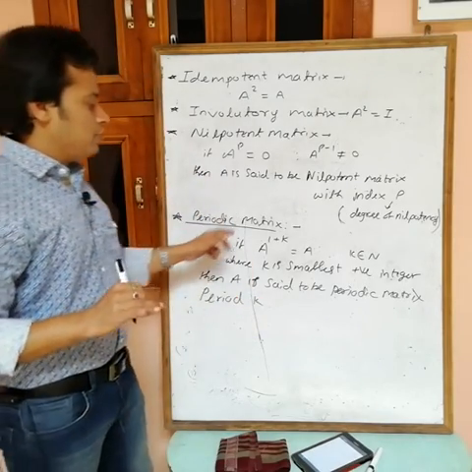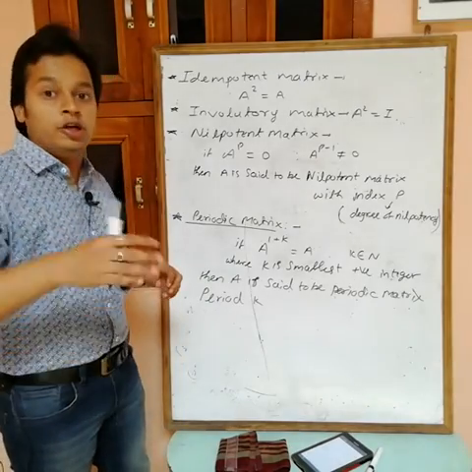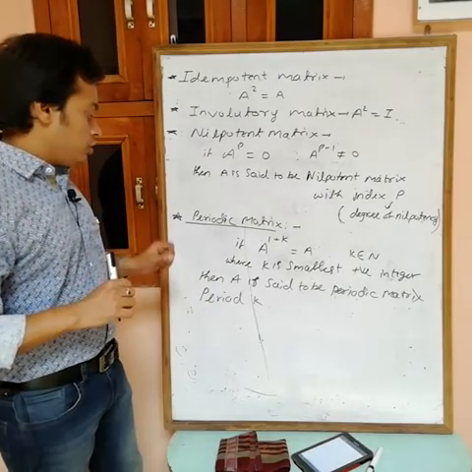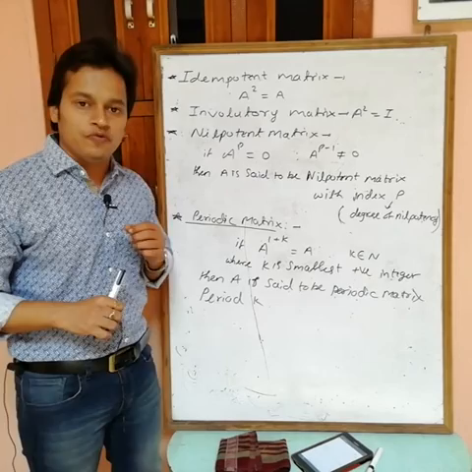If A power 1 plus k equals A, where k is the smallest possible positive integer, then A is said to be a periodic matrix with period k.